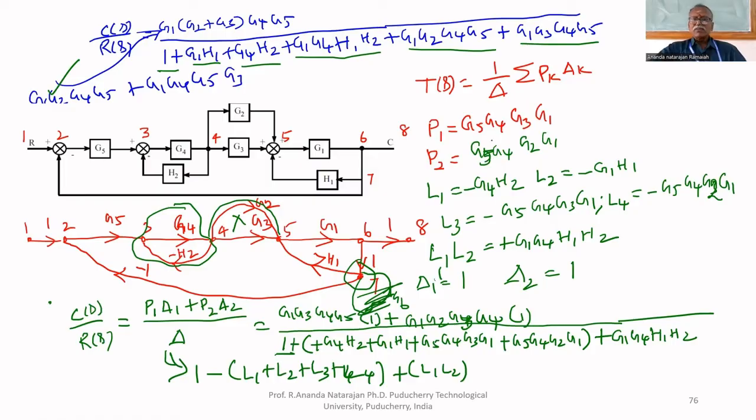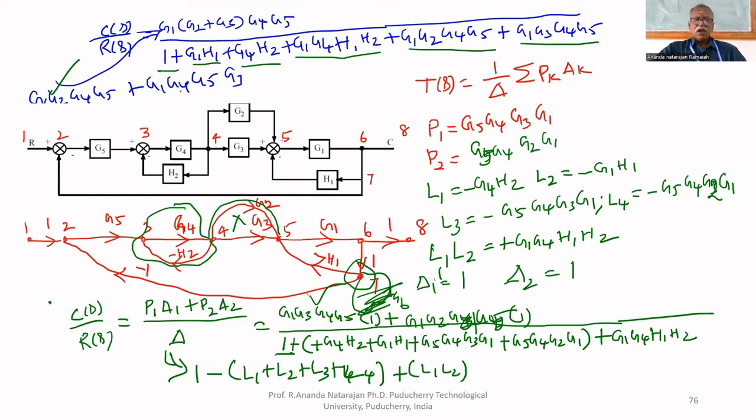P1 is G5, G4, G3, G1. P2 is G5, G4, G2, G1. G5, G4, G3, G1, right, this is correct. This is G5, G4, G2, G1. Okay, now check.